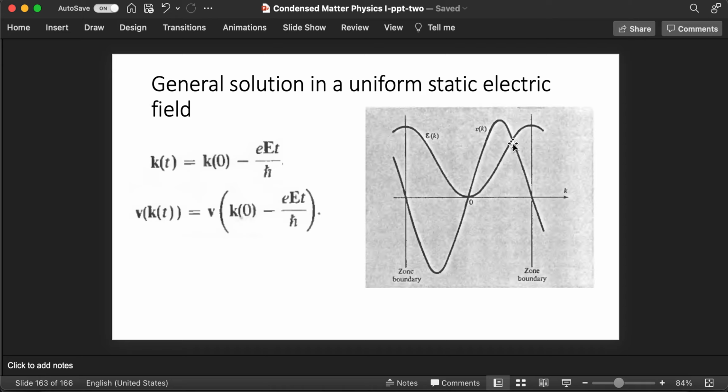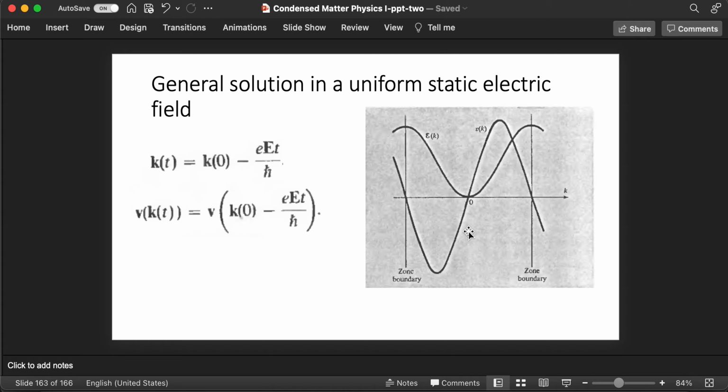That is, there is deceleration, and the velocity actually becomes 0 at the zone boundary, and then it goes in the opposite direction. It actually looks like you are applying a static electric field, and for some k values there is acceleration, and for some k values there is deceleration, back and forth. It actually looks like a sinusoidal behavior in the presence of a static electric field.